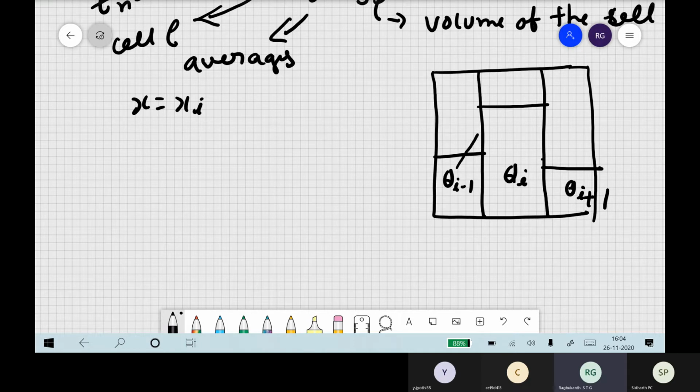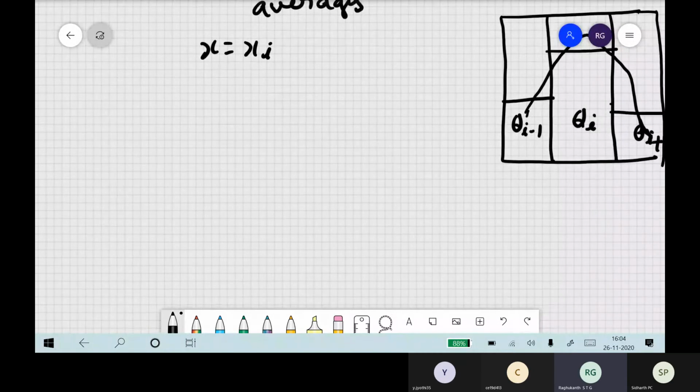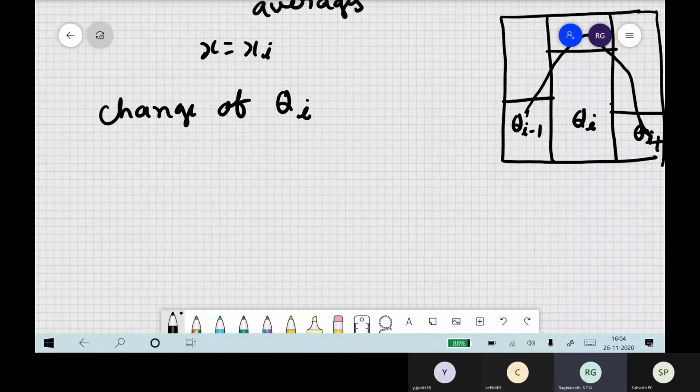Now this is my actual field, the solution, and we have replaced it with some averages. Now consider the change of values of qi in a cell.